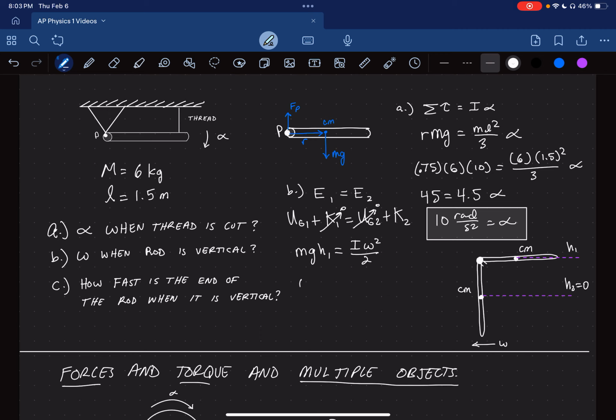And so mass is 6, g is 10, and height 1, which is half the length of it, is 0.75. So I, what is I? It's this, which is this, which is this. And so I is 4.5 times omega squared.